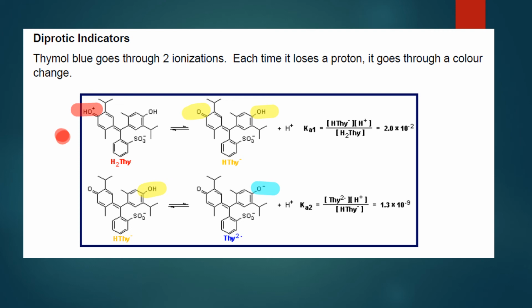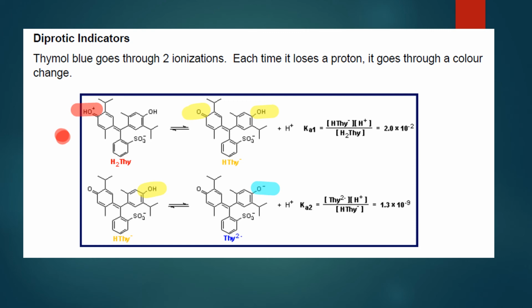And I mentioned earlier when we were looking at the chart that thymol blue actually undergoes two different color changes. And the reason for that is because it goes through two ionizations. The first one, we actually have two protons that we're going to donate. So in the first one here, you can see that this red highlighted area undergoes a change when we go through that first transition, and it loses a proton.